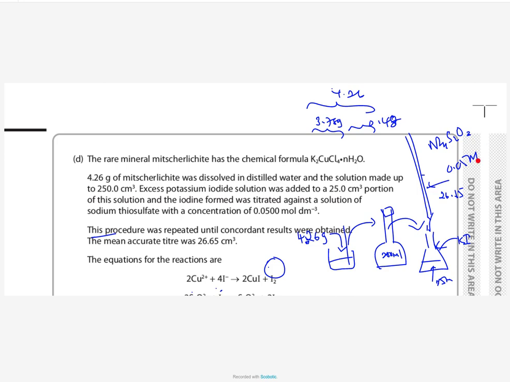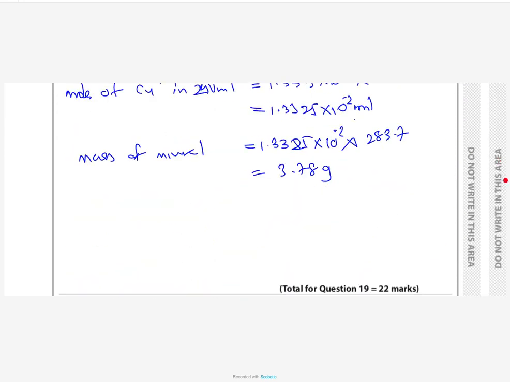Right? What is 0.48? So you can write, therefore, mass of water is 4.26 minus 3.78, 0.48.